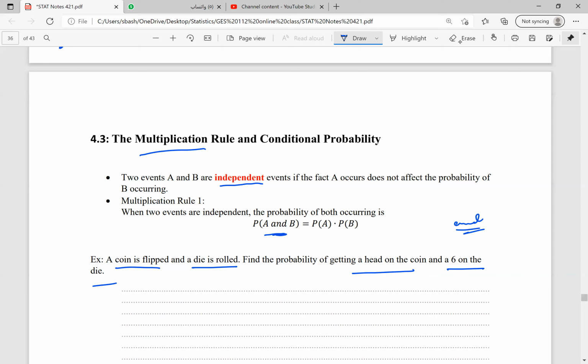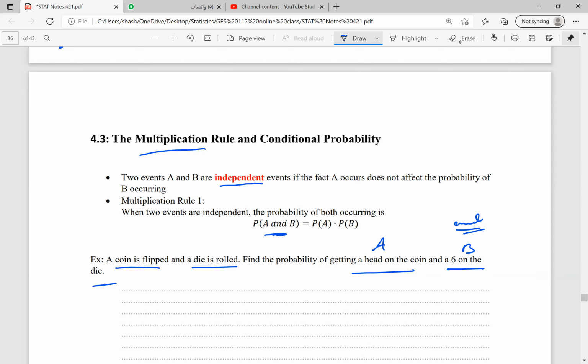Head on the coin is the first event, and 6 on the die is the second event. Getting a head on the coin is not affecting getting 6 on the die.